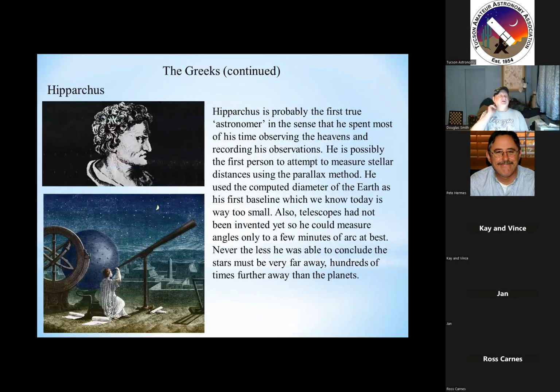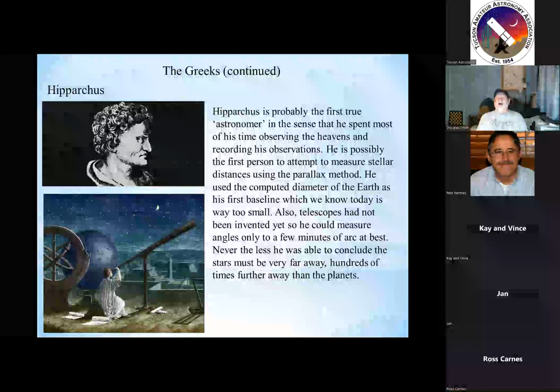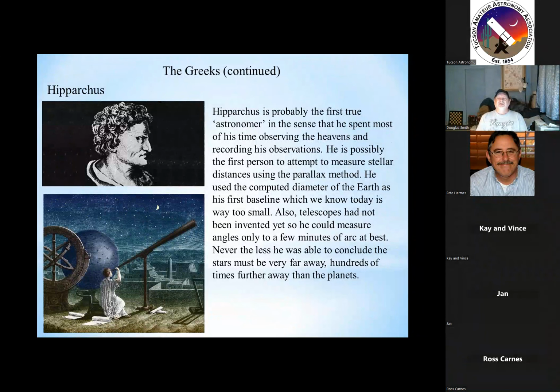And then there's Hipparchus. I think of him as probably the first true astronomer, in the sense that he spent most of his time observing the heavens and recording his observations. He made the first real attempt to measure stellar distances using parallax.